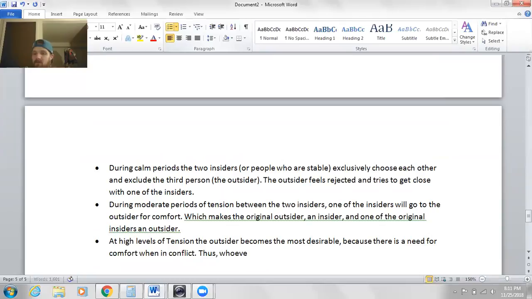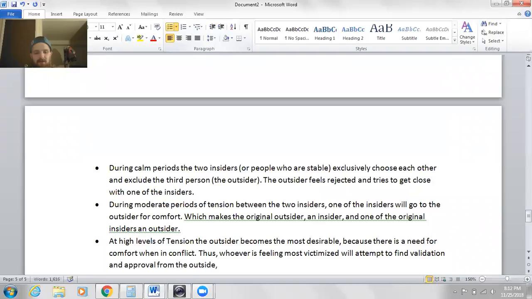Thus, whoever is feeling most victimized will attempt to find validation and approval from the outsider to alleviate the pressure from the original relationship.